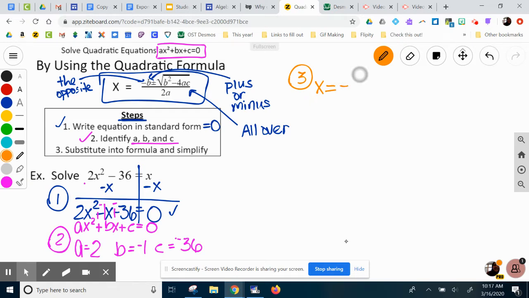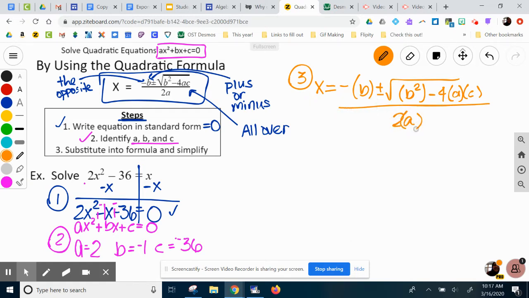So I end up with the opposite of b plus or minus the square root of b squared minus 4ac all over 2a. Notice that my division bar goes all the way up to the equal sign, and it's over everything. And the square root has to go over the whole thing.